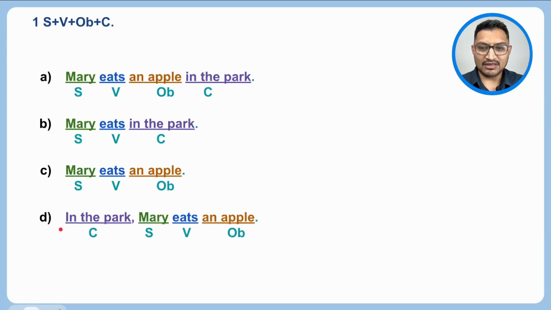For example, in the park, comma, Mary eats an apple. So in the end of the day, you have these four possible ways to present a sentence. Remember, the complement is always in the end, unless you put it in the beginning with a comma.